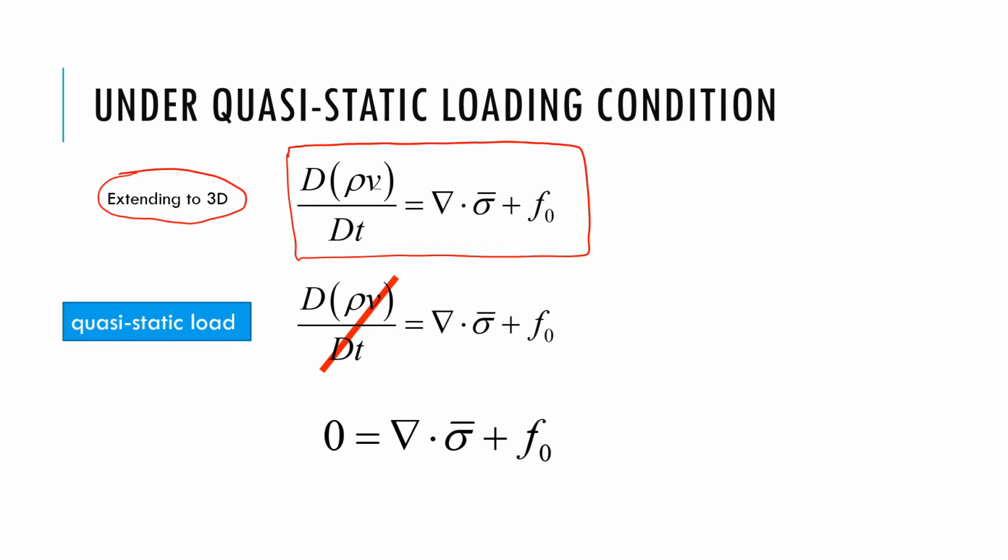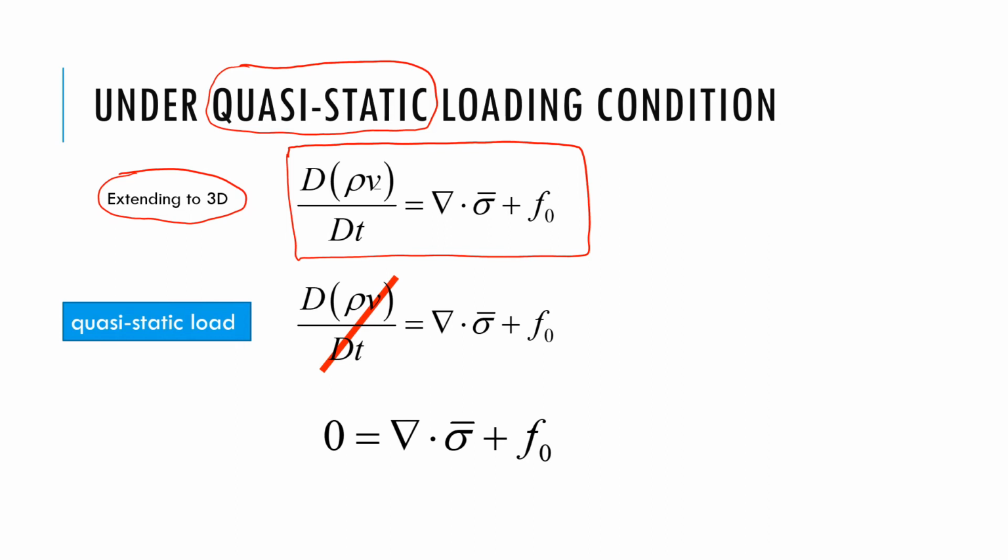One is, in the food, like in drying, the deformation gradually develops, and it happens relatively slowly. So inertia is very small and can be ignored. This is the quasi-static loading condition. And this is generally the case for food processing.